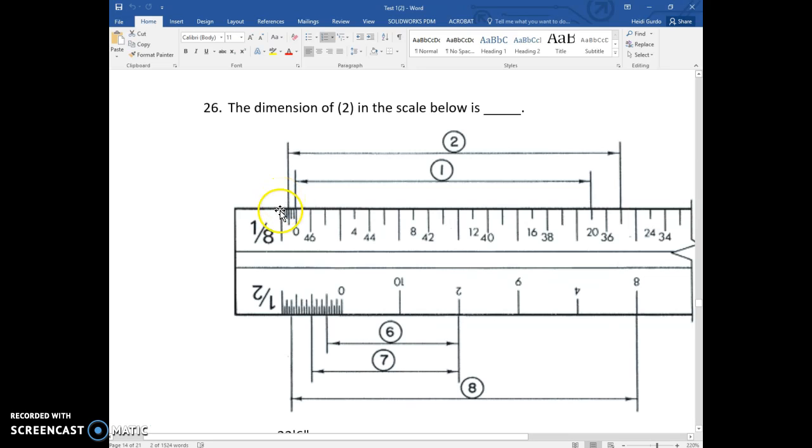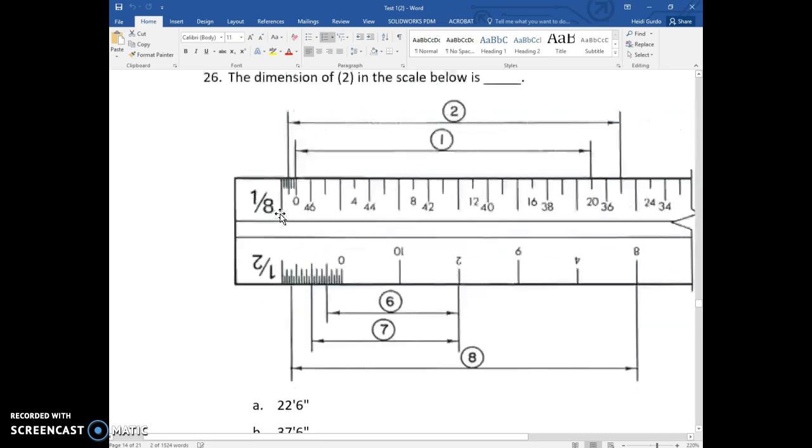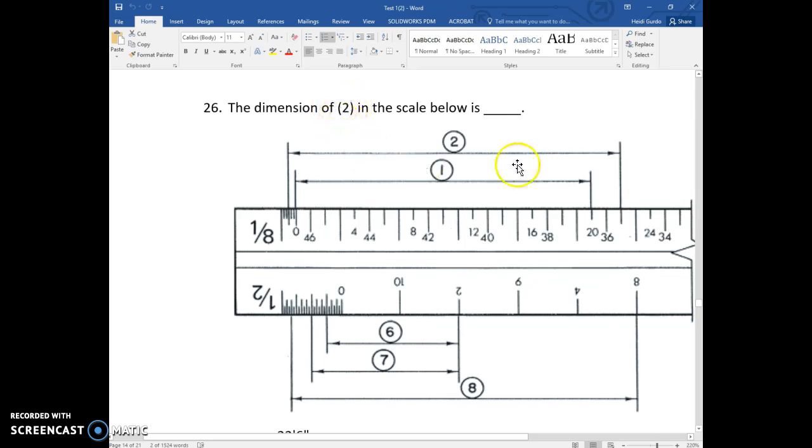12 inches. So what I'm doing is reading the dimension of 2. It goes out, that's 0. That's 1, 2, 3, 4, 5, 6, 7, 8. I'm reading these little numbers up here: the 4, the 8, the 12, the 16, and the 20. You're not going to read these larger numbers. That wouldn't make any sense.